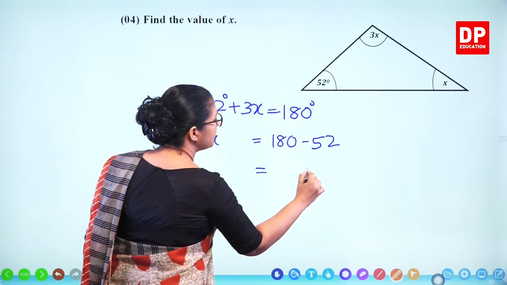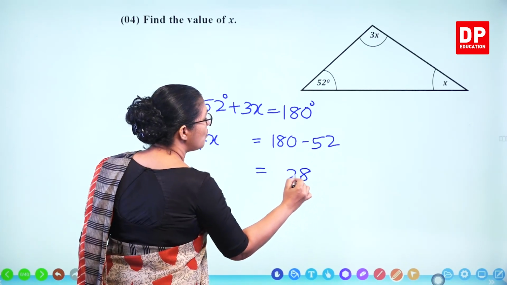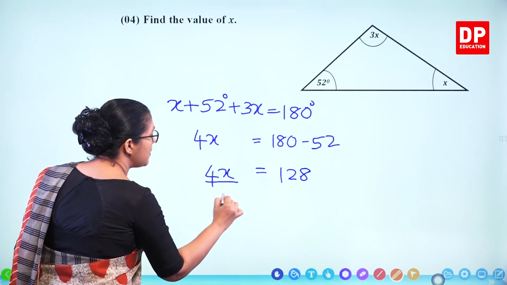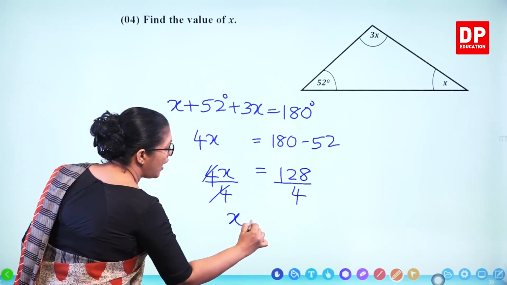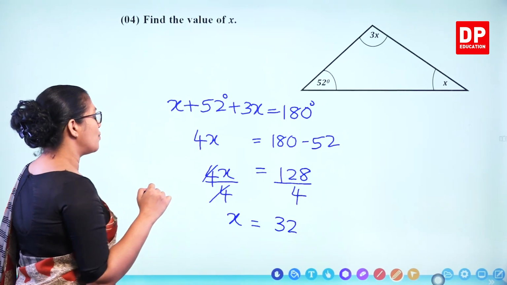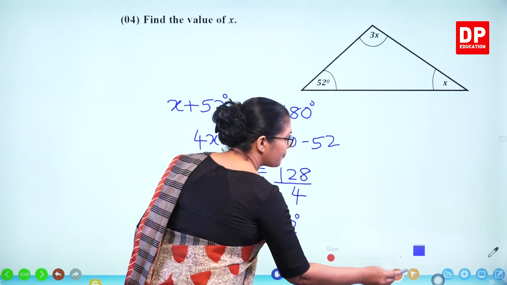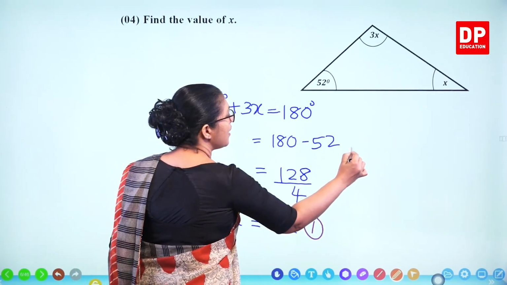So what's the answer? 8 and here 2, 1. So 4x equals 128, which means what is x? Divide by 4. x is 32. So 32 degrees. So 2 marks again, 1 mark and 1 mark here.